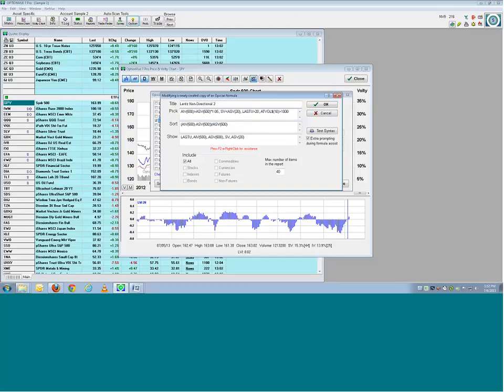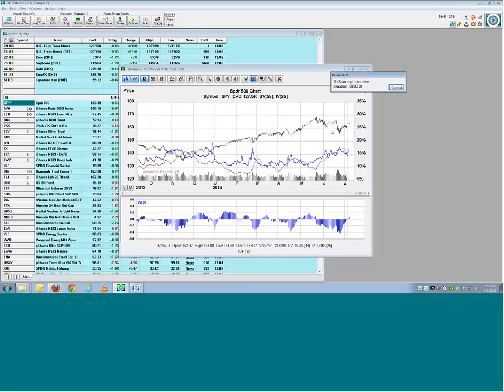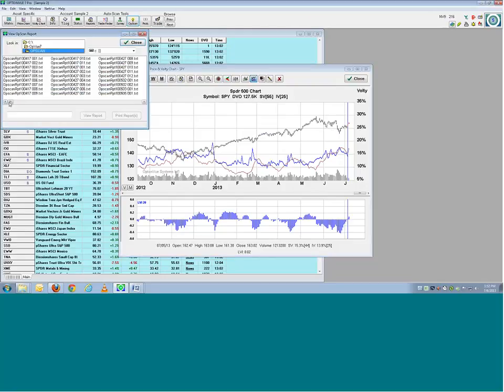Now I come over here to test syntax. Whew, on the fly. Okay, here we go. Let's try this. I'm going to run non-directional 2. Hit go. Hope this works.